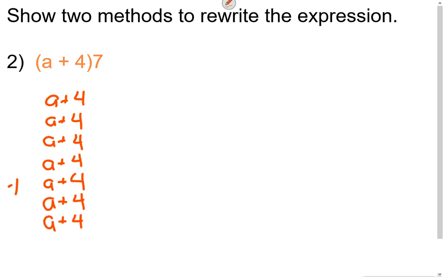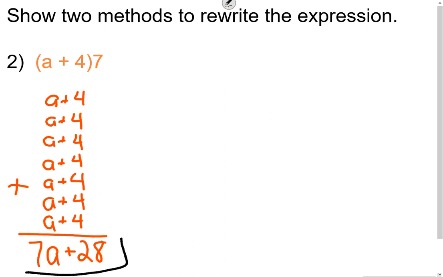And if we add all of those together, well, a plus a plus a plus a plus a plus a plus a, we end up with 7a. And then if I take 4 plus 4 plus 4 plus 4 plus 4 plus 4 plus 4, we get 28. So if I take the quantity of a plus 4 and multiply it by 7, I'm going to end up with 7a plus 28.